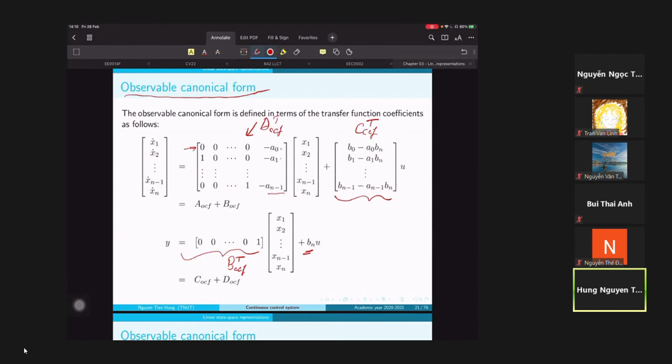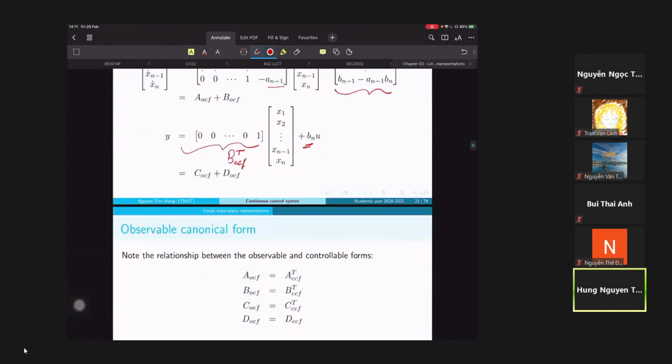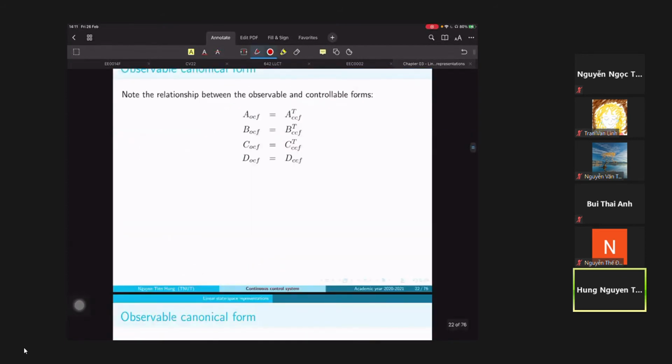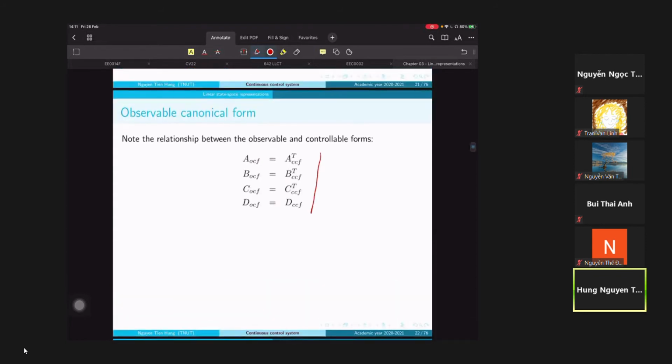Again, it's quite similar to the previous one, except that the matrices A, B, C are now transposed and D stays the same. So we got the relationship between the observable and controllable canonical forms.